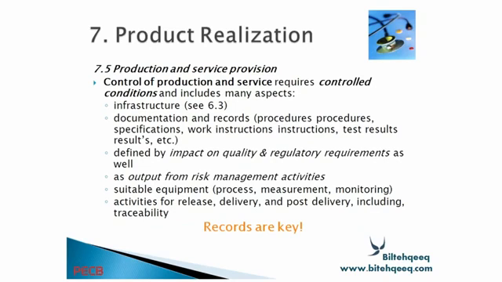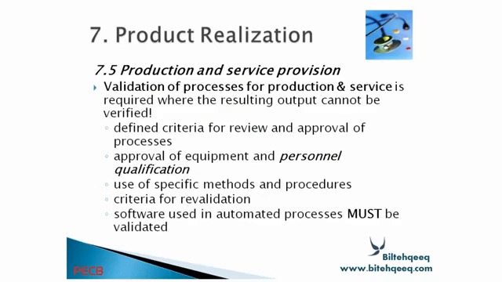These aspects are the infrastructure, documented procedures and records, specifications, work instructions, test results, defined by impact on quality and regulatory requirements, as well as risk management activities, suitable equipment, process measurement, monitoring, activities for release, delivery, and post-delivery, including traceability. So you have to manage all these things in a controlled environment, and you have to keep records of all these controls.